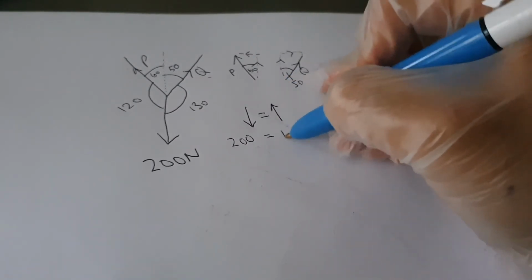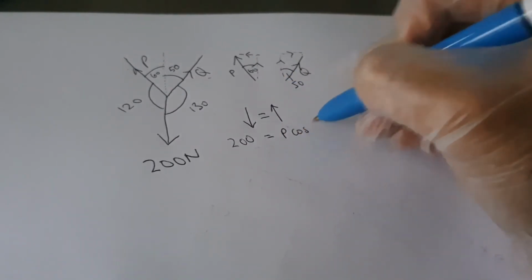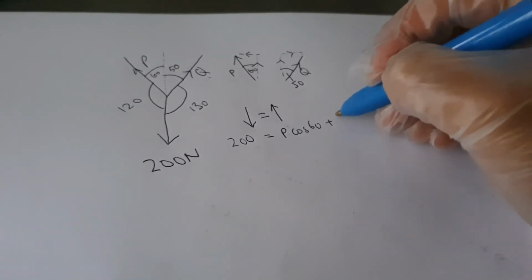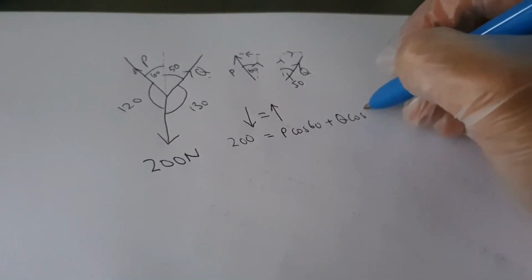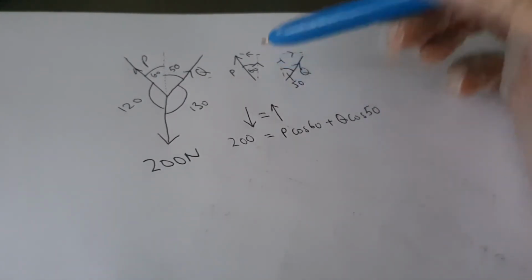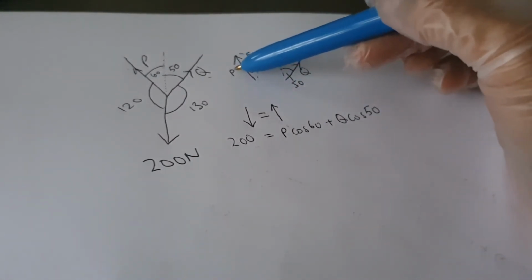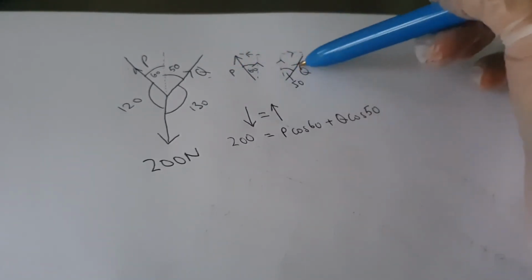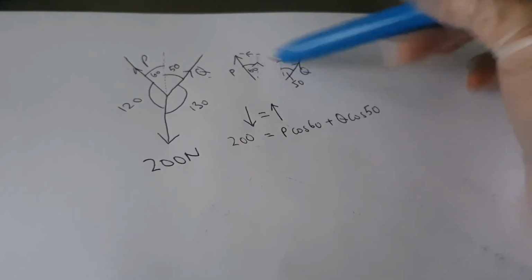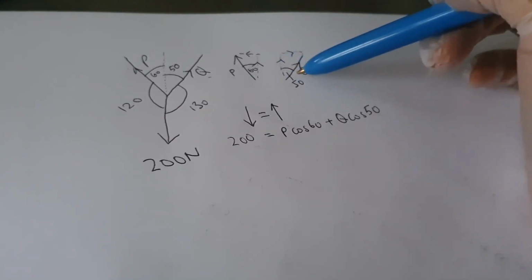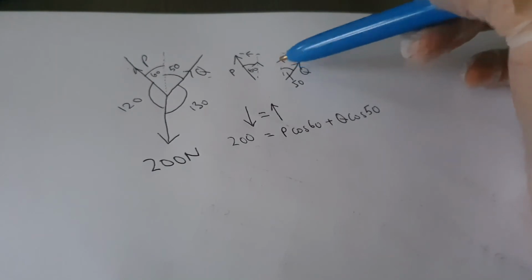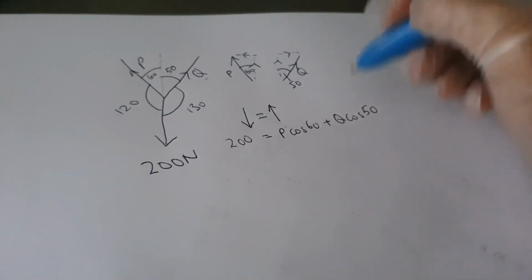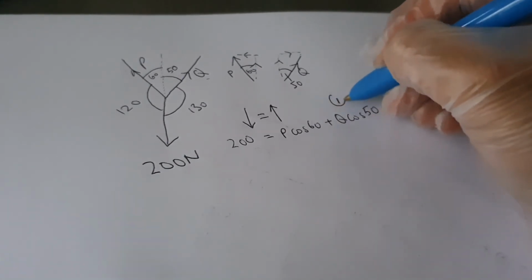So in this case, you have P cos 60 plus Q cos 50. So we are looking at the vertical components of P, the vertical components of Q. You add them together, and that will give you the sum of the vertical components of P and Q. And we know that is equal to 200. So this is the first equation.